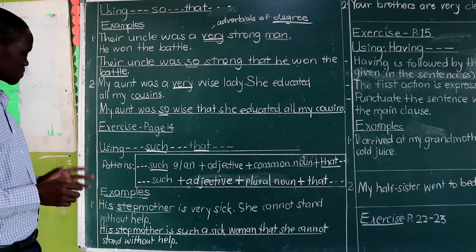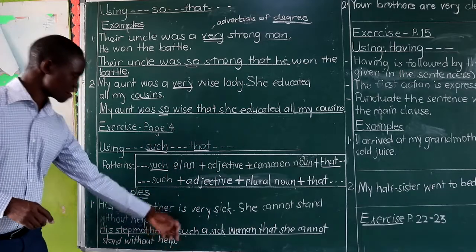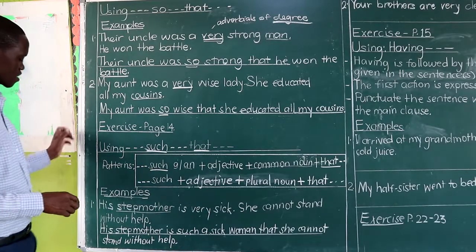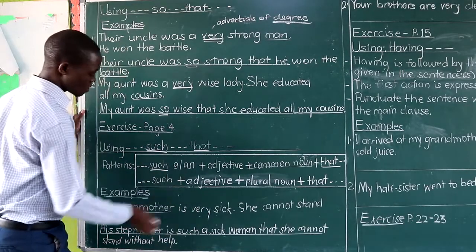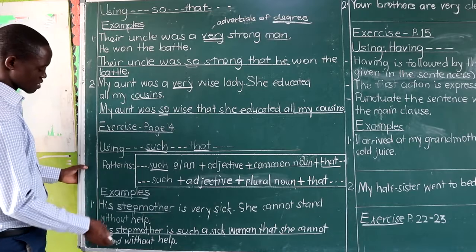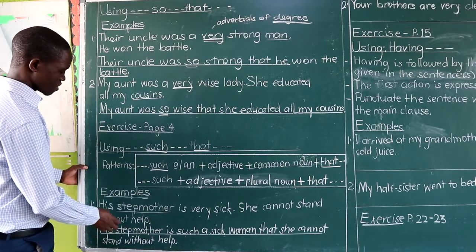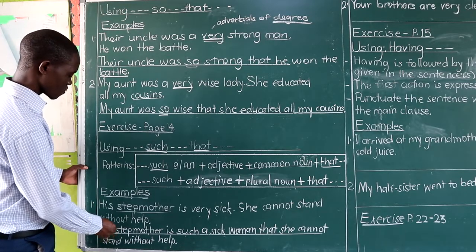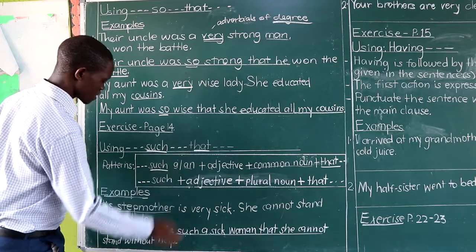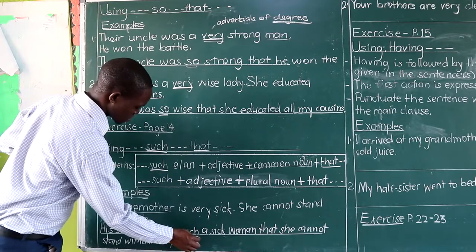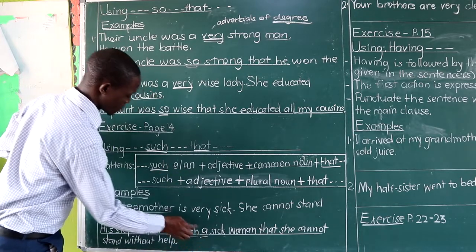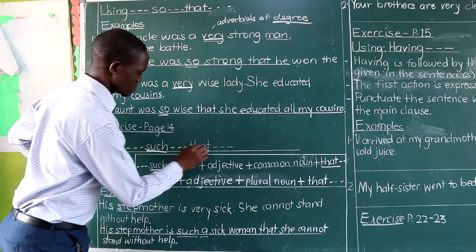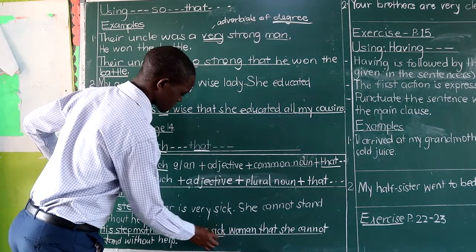Let's compare our answer to the formula that the teacher has given us. If it fits here, then we obviously know our answer is 100% correct. So the order is, after such, we go to a. We have such followed by a. After a, we go to the adjective, which is sick.